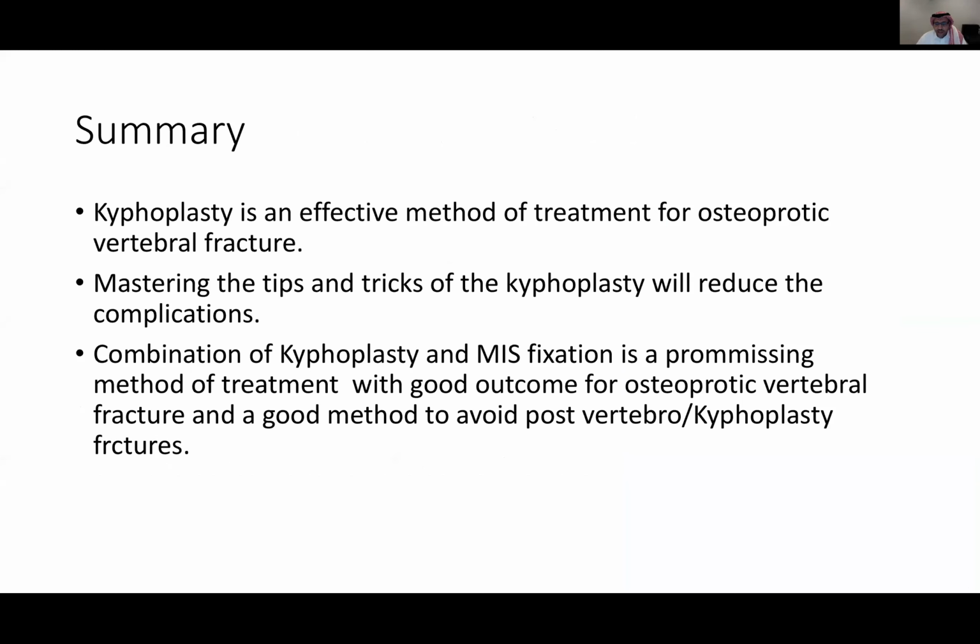And I think it needs to be considered as a modality of treatment, especially for one or two level fractures. The literature supports it, and I think we need to do more research, maybe head-to-head, to see if we can do it for more than 2-3 levels, or if we can do it with cement in part of them and no cement in the others. I mean, there is a window, but it's a promising treatment.